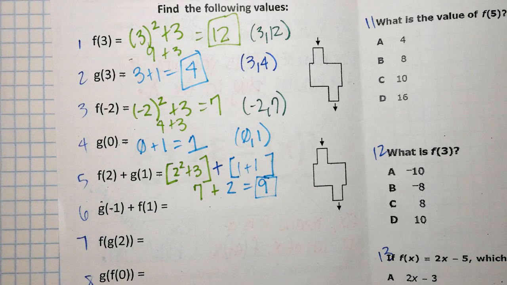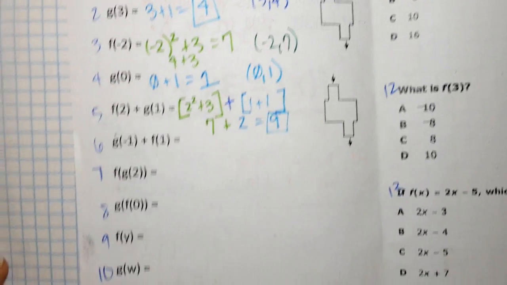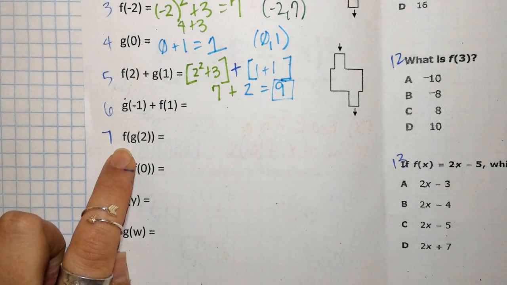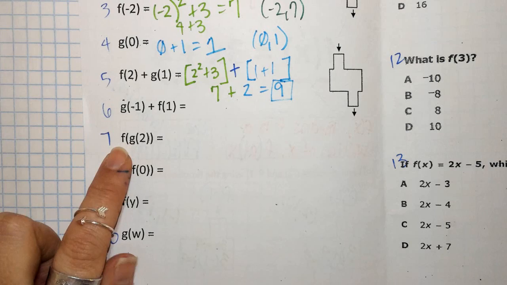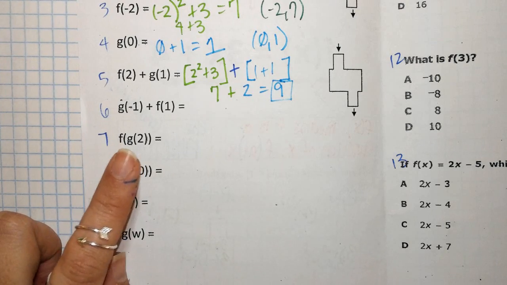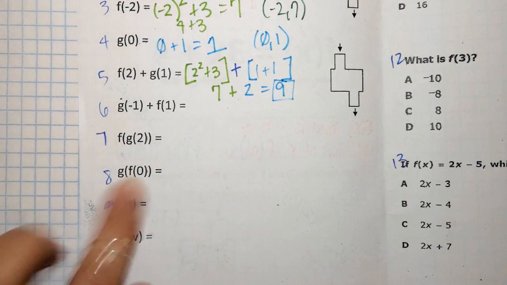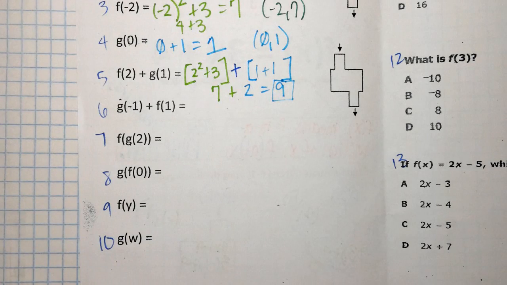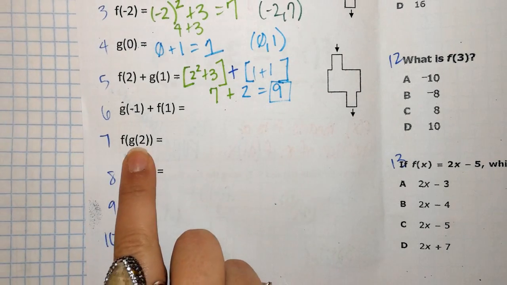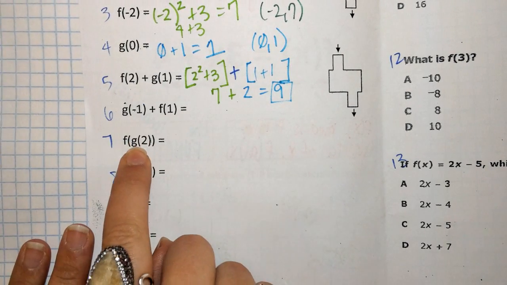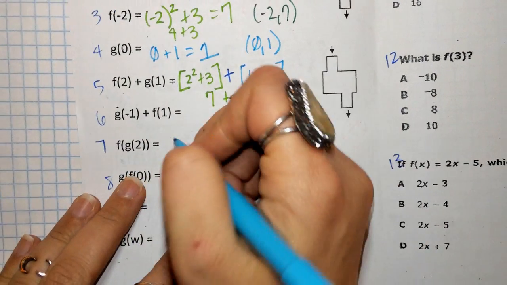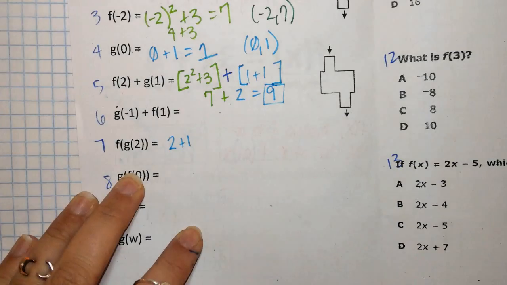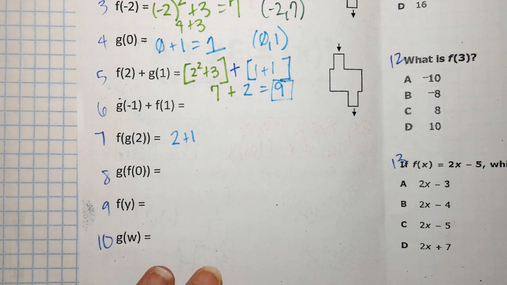Now let's talk about 7 before we leave. How would we say this? F at G at 2. So the first thing you do is you work from the inside out. You're going to plug 2 in for G. So first, we're going to say 2 plus 1. Is everybody with me so far?